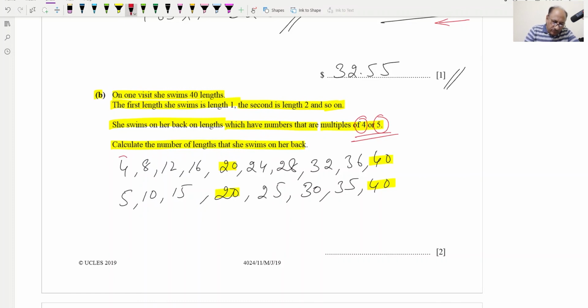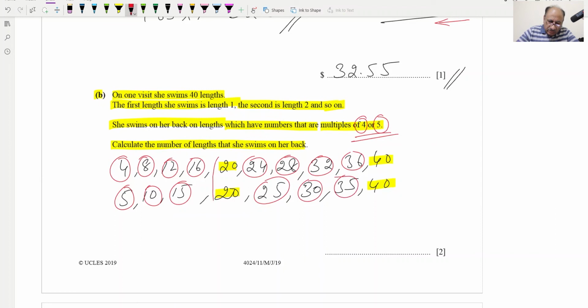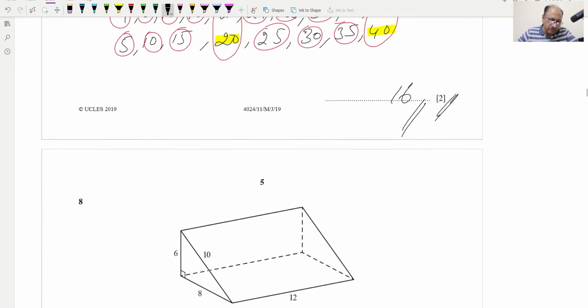So it will be 1 2 3 4 5 6 7 8 9 10 11 12 13 14, and this will be counted once, 15, and this will be counted once, so it will be 16. So our answer will be 16. Hopefully you understood. This was 2 marks part which we have done.